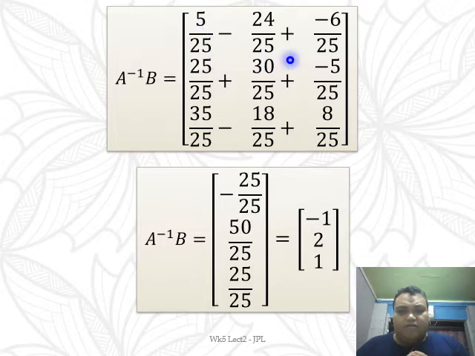25 plus 30 minus 5 gives 50 over 25, and then 35 minus 18 plus 8 gives 25 over 25. Now you can simplify. Negative 25 over 25 is negative 1, 50 over 25 is 2, and 25 over 25 is 1.